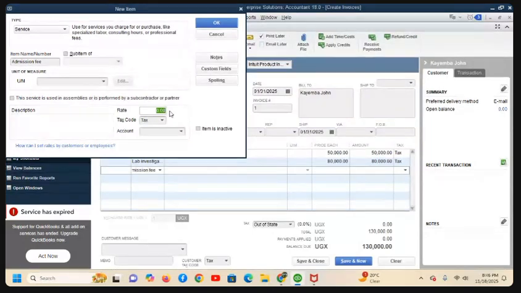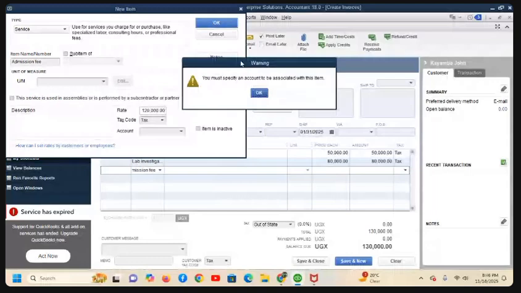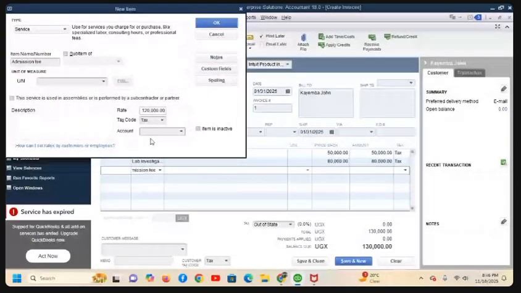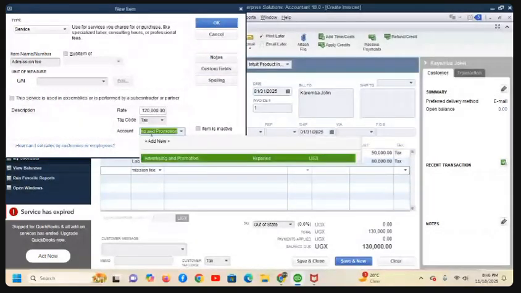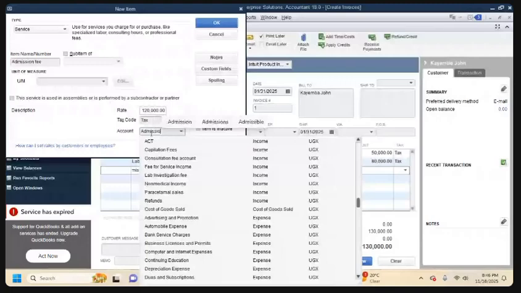Let's assume that he has a day is how much? 120. 120,000. Okay. Now this is 120,000. I have to select the income account. This is admission fee account.